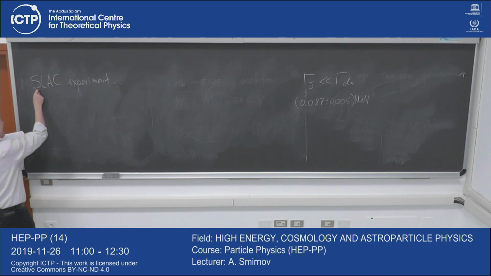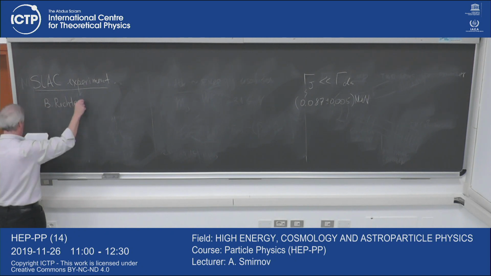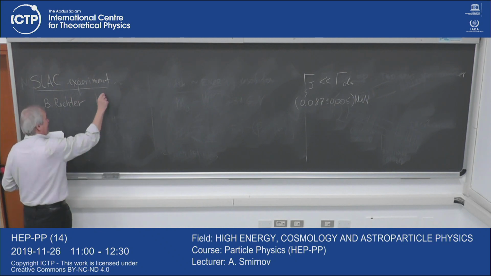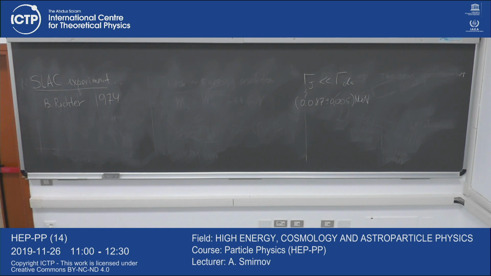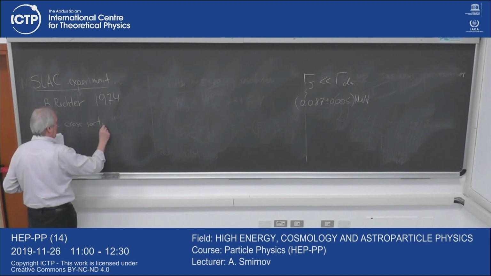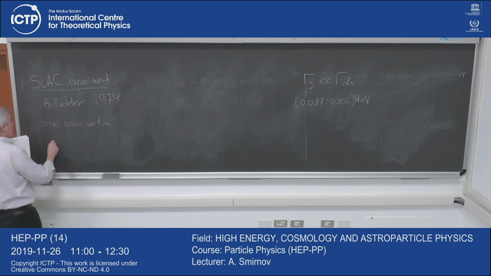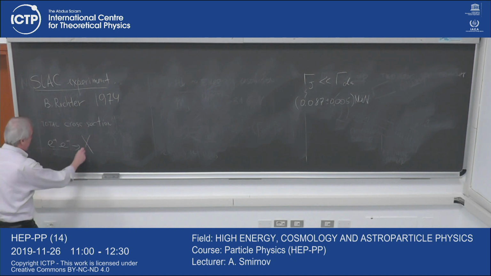The spokesman of this experiment was Burton Richter. And that was the same year, simultaneously, almost as the Brookhaven experiment. And what they measured was the total cross-section of e plus e minus annihilation. So everything.